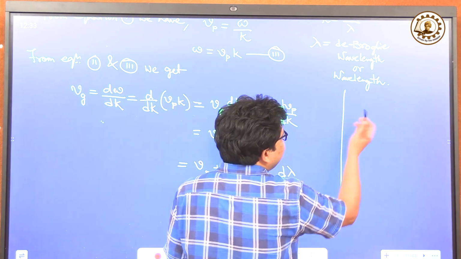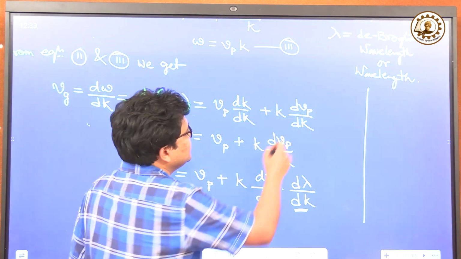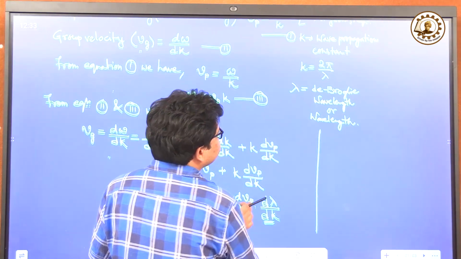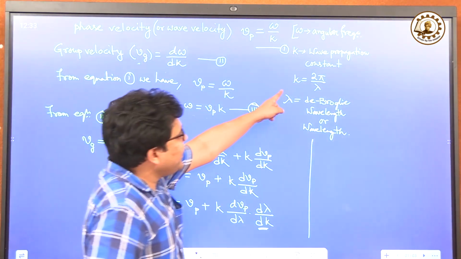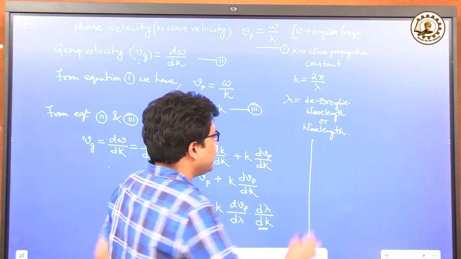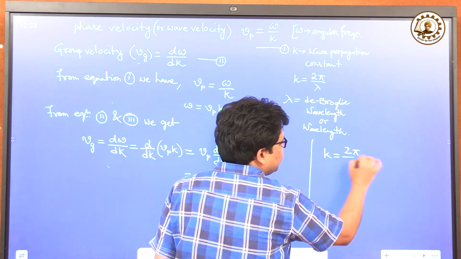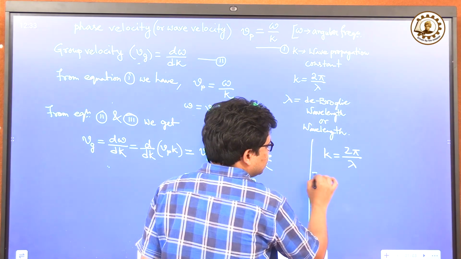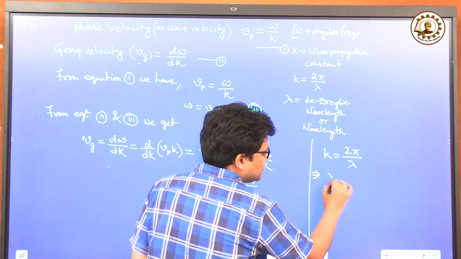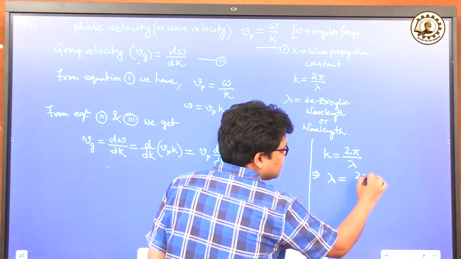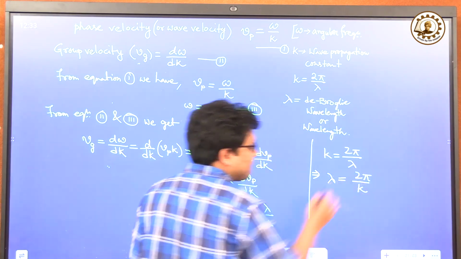As I have already mentioned, k equals 2 pi by lambda. So from here I can also write lambda equals 2 pi by k.